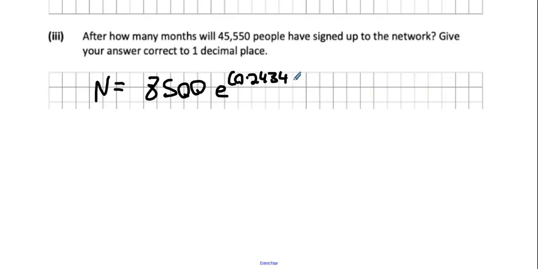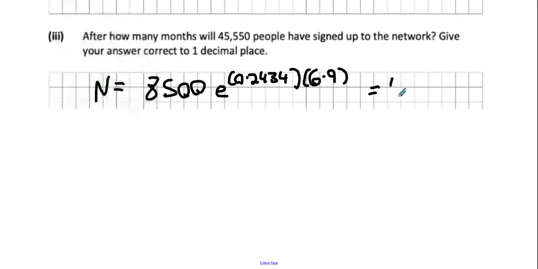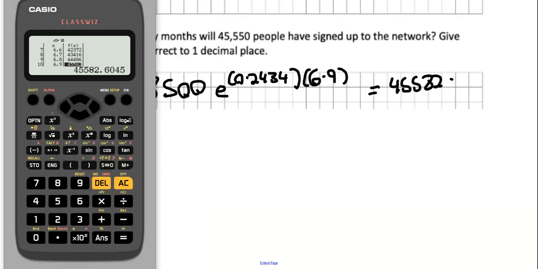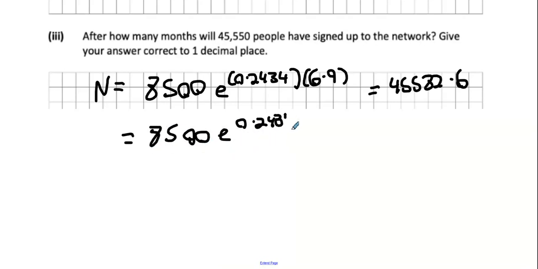And then you just say 6.9, and you would have got 45,582.6. For argument's sake, this is if you're desperate and you don't know how to do the question, and you're clutching for attempt marks. This won't get you full marks. And some of you might have tried 6.8, and then you would have got, what's 6.8?